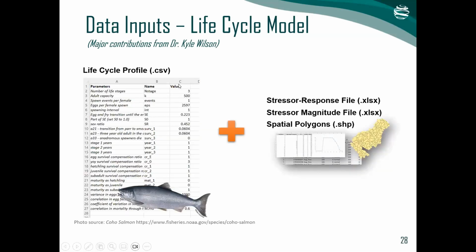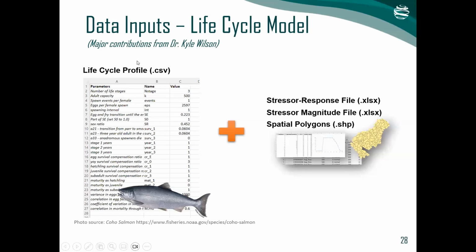The life cycle modeling input file is designed to be a standardized CSV file with a series of parameters, names, and values. The name field is standardized, but you can add any number of life stages according to one of these template files, and then introduce that to run the life cycle model.